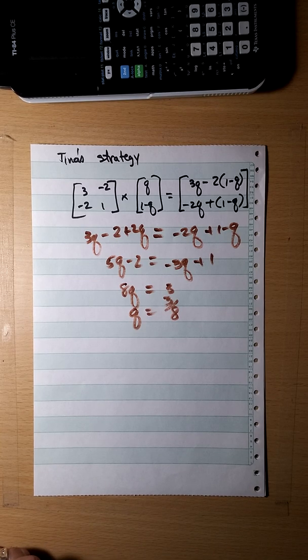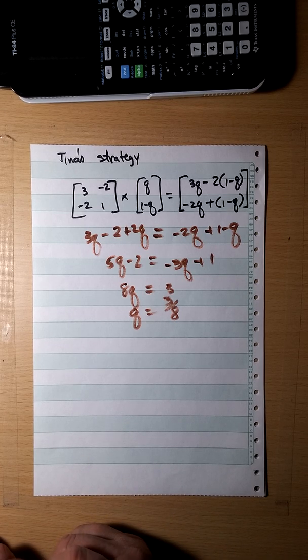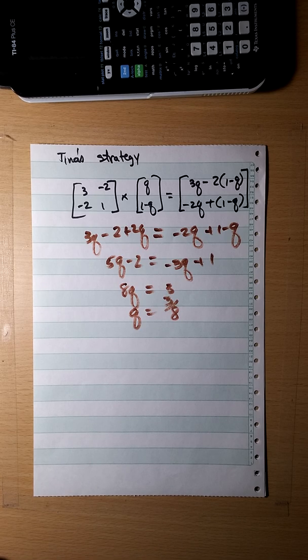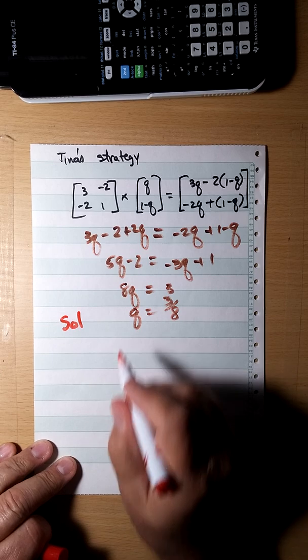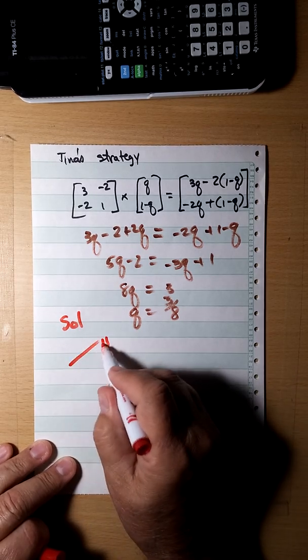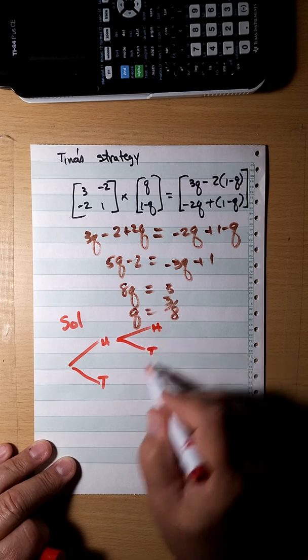So if they both use this strategy, 3/8, 3/8, let's first look at it from Saul's point of view. He can do heads or tails, and then heads or tails.